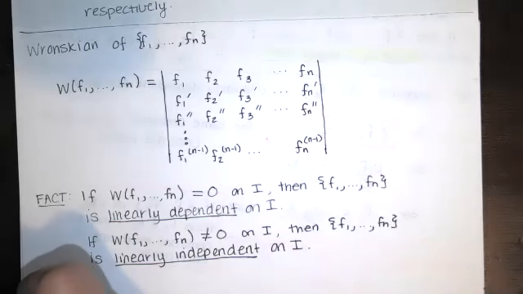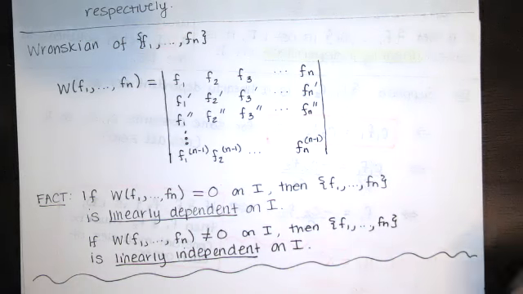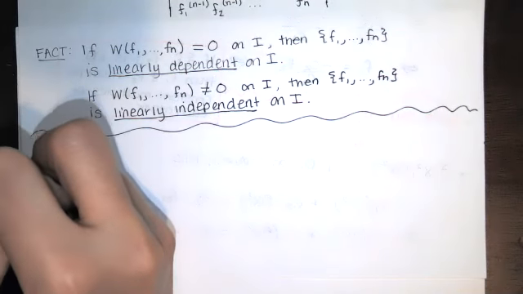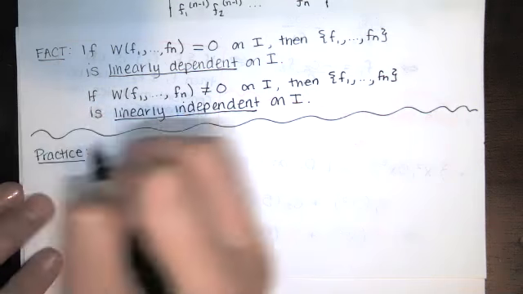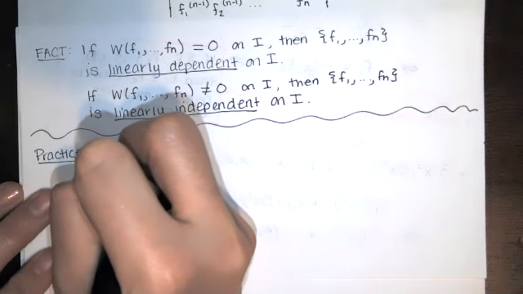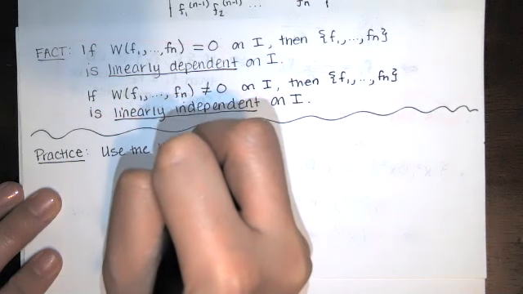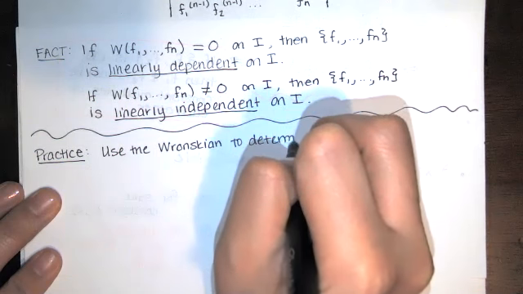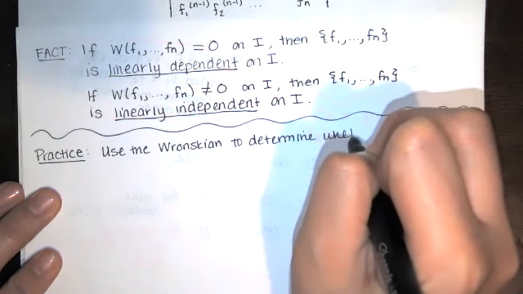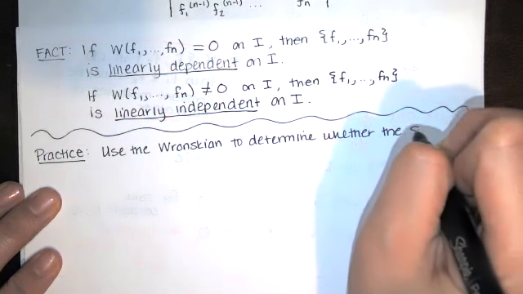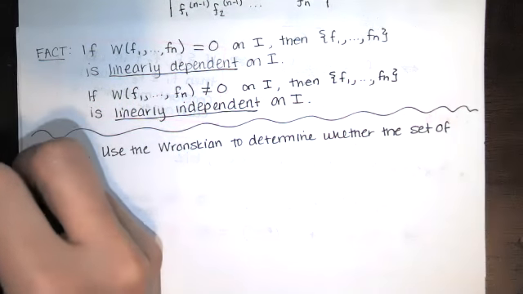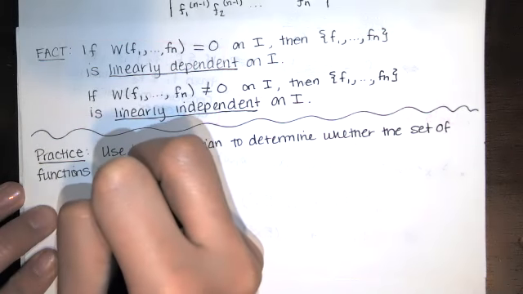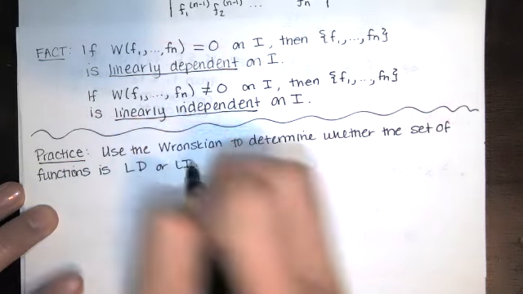Okay, so let's actually practice with this. Let's use the Wronskian to determine whether the set of functions is linearly dependent or linearly independent.